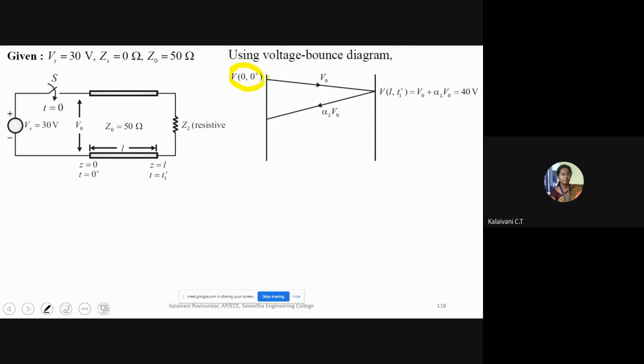When it travels the full length of the transmission line, the length is L and the time is T1 plus, that is the 400 microseconds. The equation will be V0 output voltage plus gamma L, where gamma L indicates the reflection coefficient at the load, plus reflection coefficient at the load into V0, that is equal to 40. That is again given in the question.